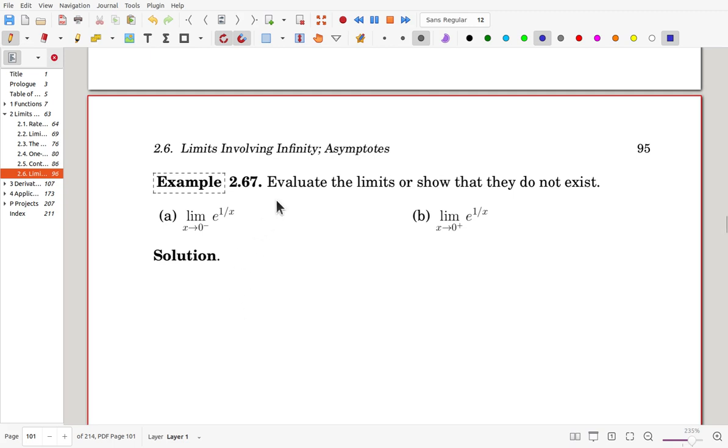Now, we want to evaluate the limit for this one. We already considered this function, but let's do it again.